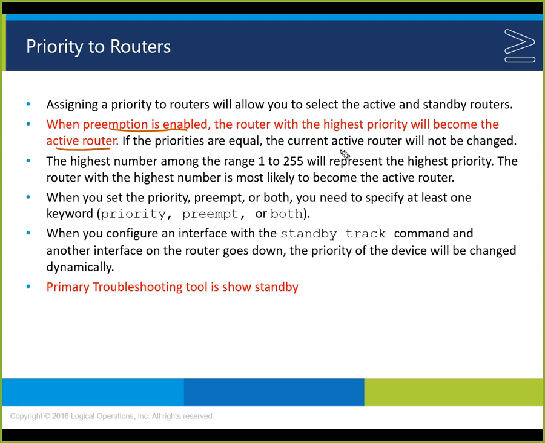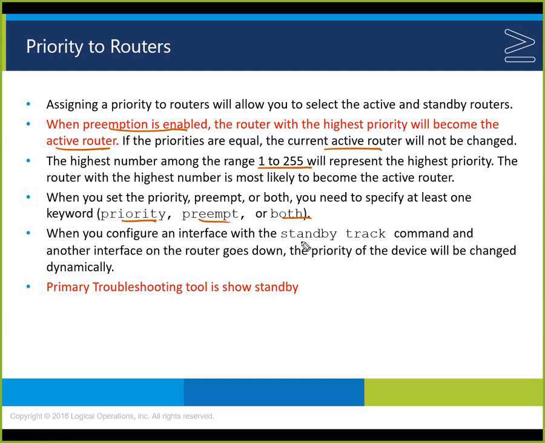If the priorities are equal, the current active router will not be changed. The priority range is 1 to 255. When you set a priority, preempt, or both, you need to specify at least one keyword: priority, preempt, or we can do both, and we will have done both on the ones that we're going to look at.